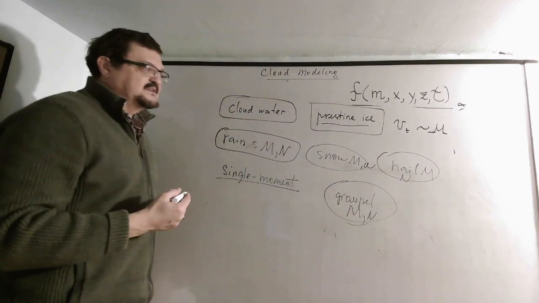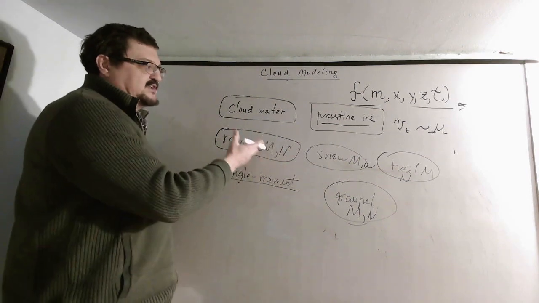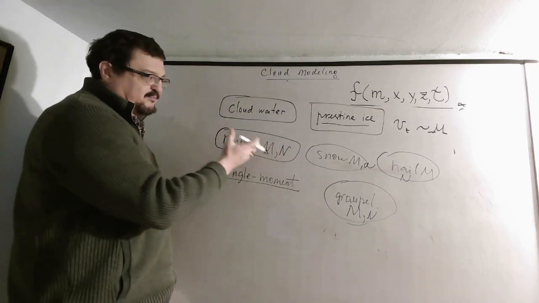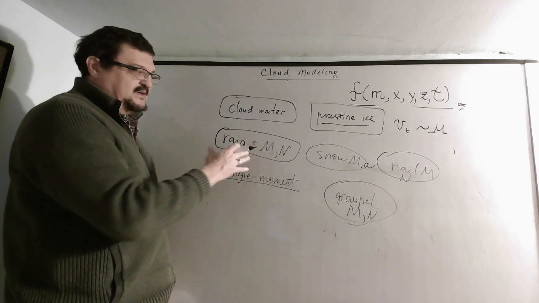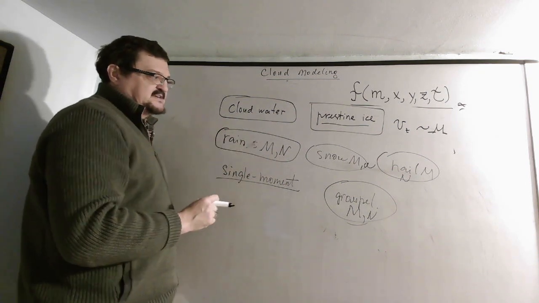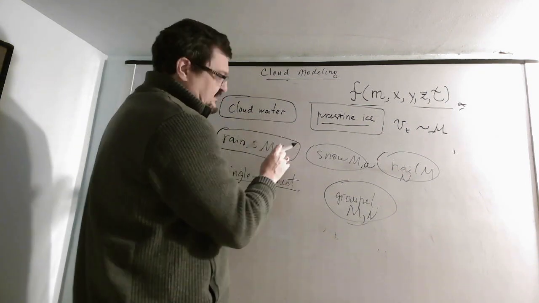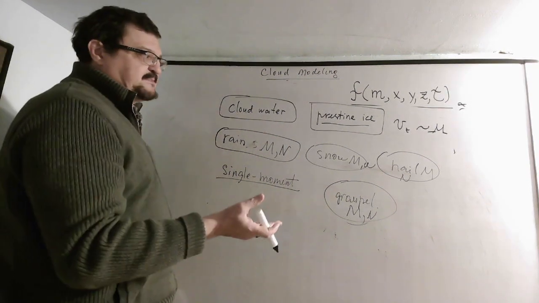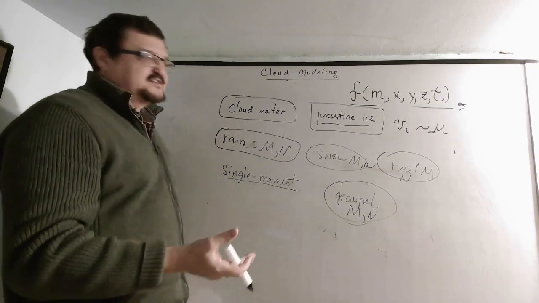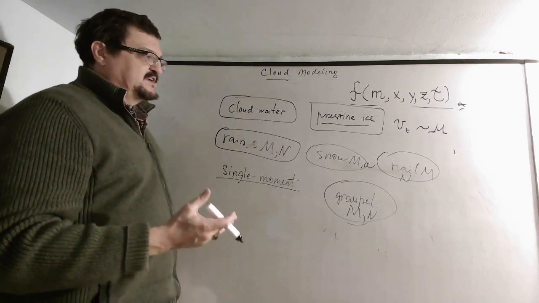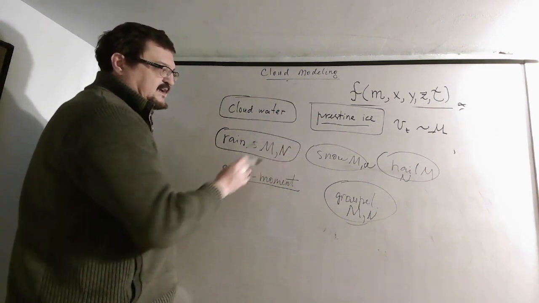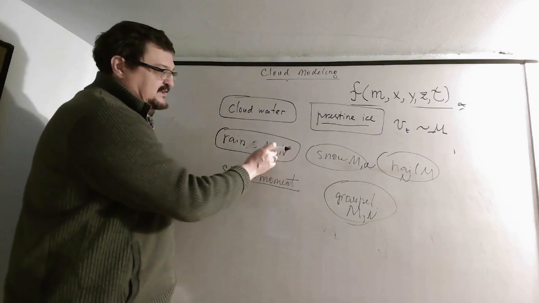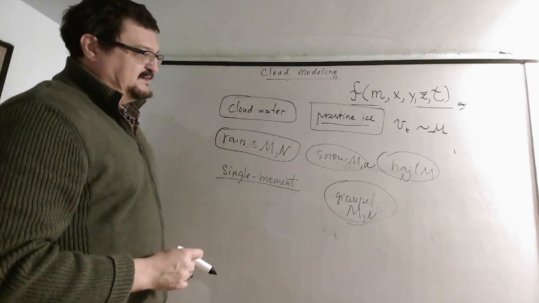So generally speaking, you need to know not only the mass, or first moment in mass space of particles, but also the zero moment, which is concentration. But of course, it adds some expense and some larger uncertainty, because you then need to have sources and sinks for each of those particles.